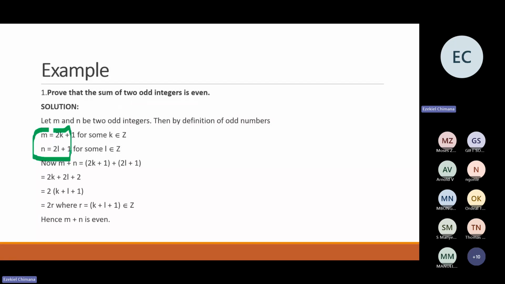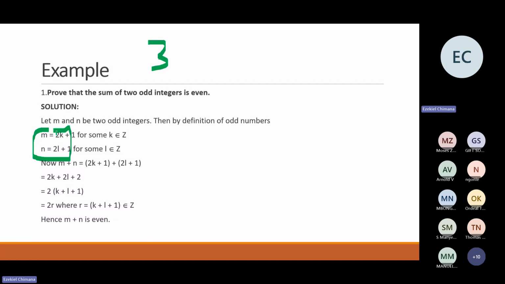So please do not put your m as 2k plus 1 and your n as 2k plus 1. It is good, but you are actually adding 2k and 2k, and you always get an even number there. What you want to do is add two odd integers, not one odd integer added to itself.